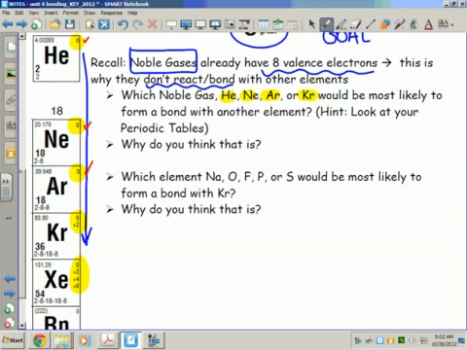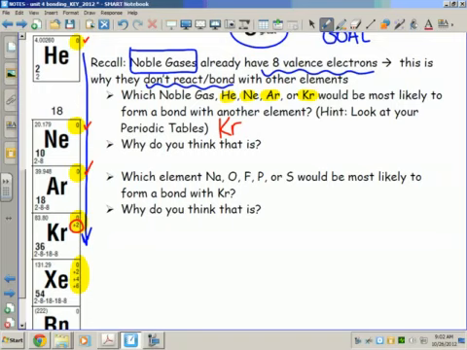But as soon as you get down to krypton, you'll notice that it has a possible charge, or an oxidation number, of +2. That means that's the first of the noble gases that we would say has a tendency to react. Even though it's a noble gas, it will react.